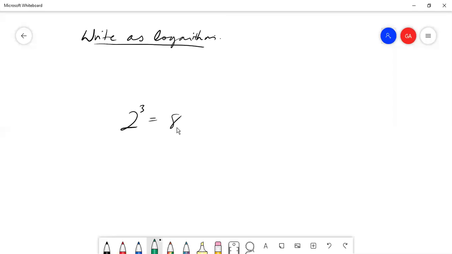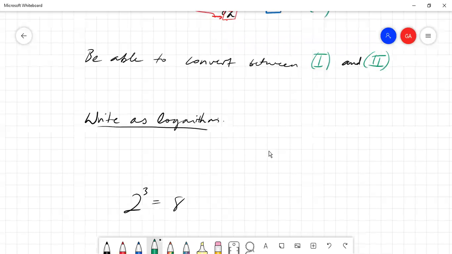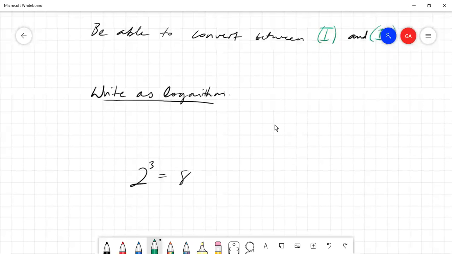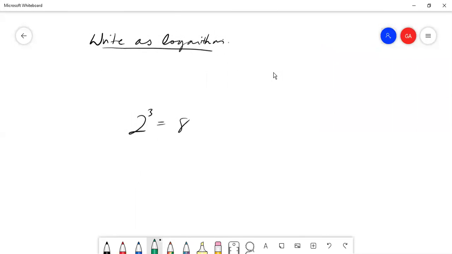We're going to write some things as logs just to get practice. What here is the base? This is a perfect opportunity to call on someone. Fiona, you're the first name I see on the list. Fiona, what is the base here? It's a 2. Okay, I'm calling on people with the hopes of making people participate. But the base is 2. Very good.